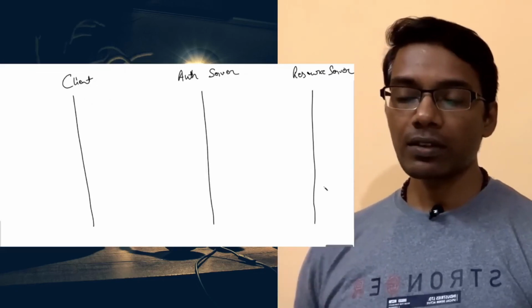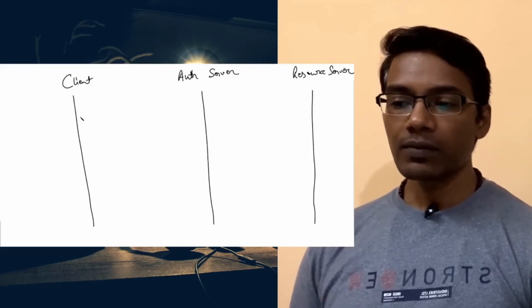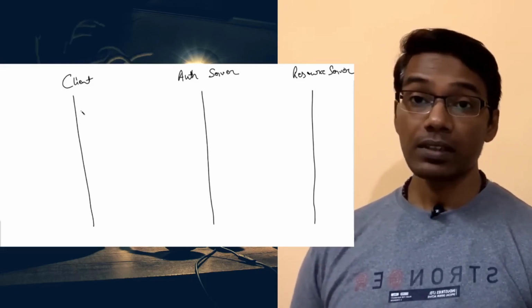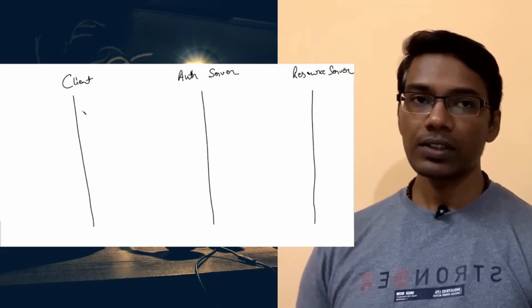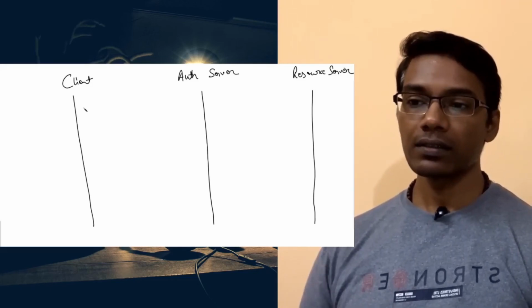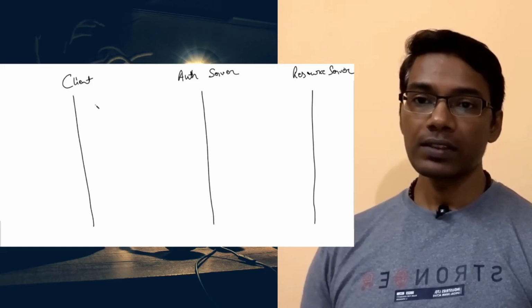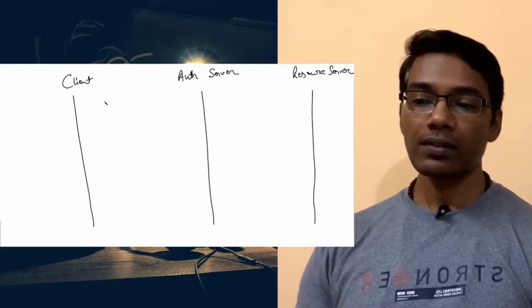Okay, so now let's talk about the client credential flow of OAuth type. This flow is basically used when you are using inter-service communication and you want to authenticate the other client, the service, whether that service is allowed to access your resources or not.